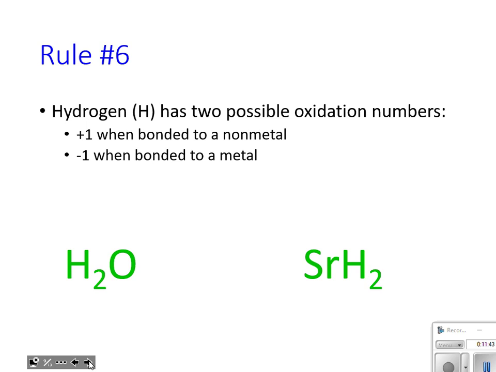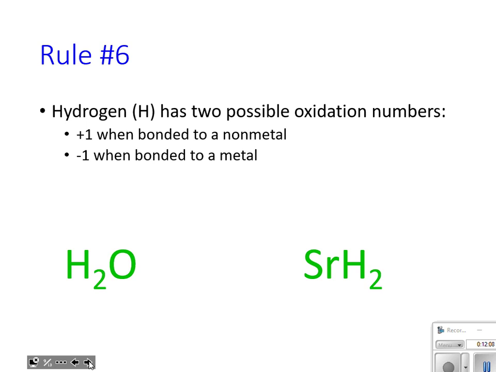When bonded to a metal, hydrogen is going to take a -1. I would say the majority of the time, and we're talking over 90% of the time, you're going to see hydrogen taking a +1.